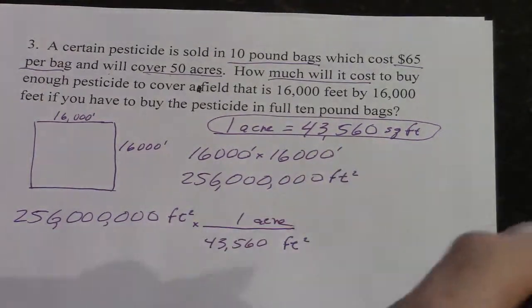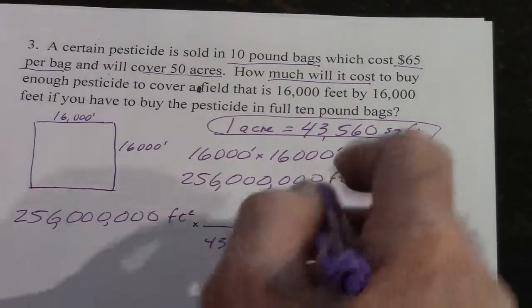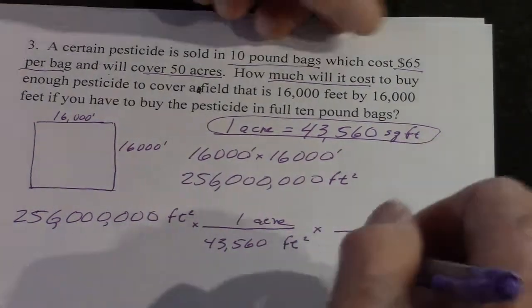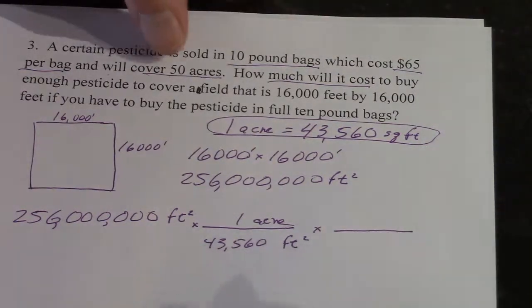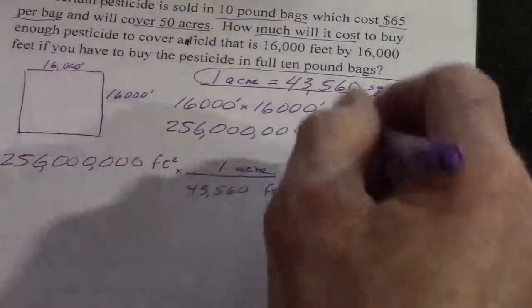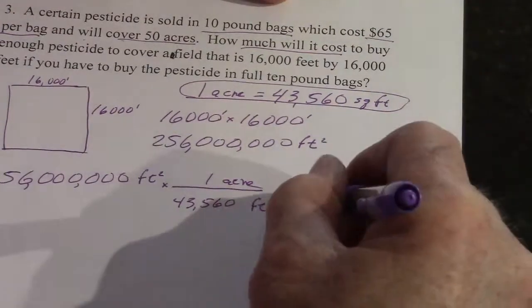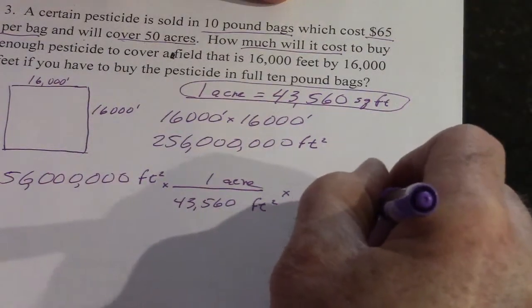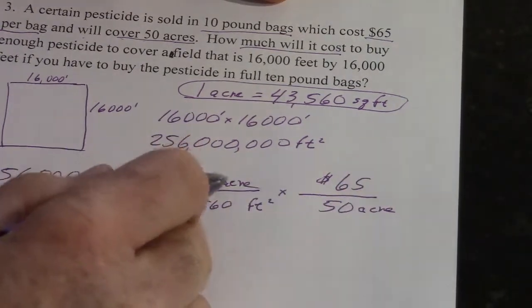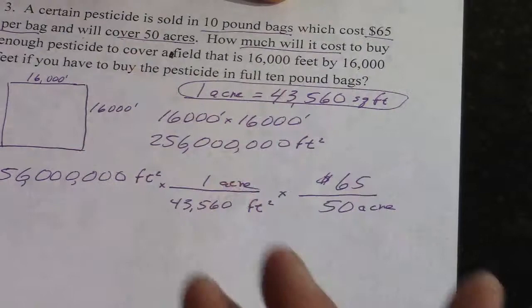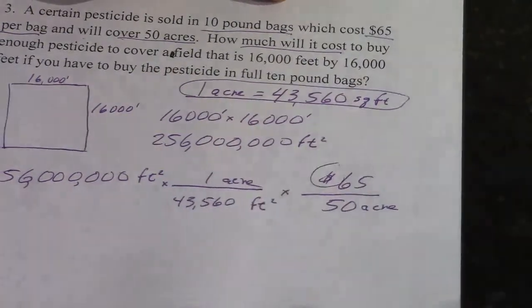That will convert it to acres, right? That gets rid of square feet. But also, you notice that to get dollars, it's $65 for 50 acres. So $65 for 50 acres will end up reducing out acres as well. So feet will reduce out and acres will reduce out, and you'll be left with just dollars.